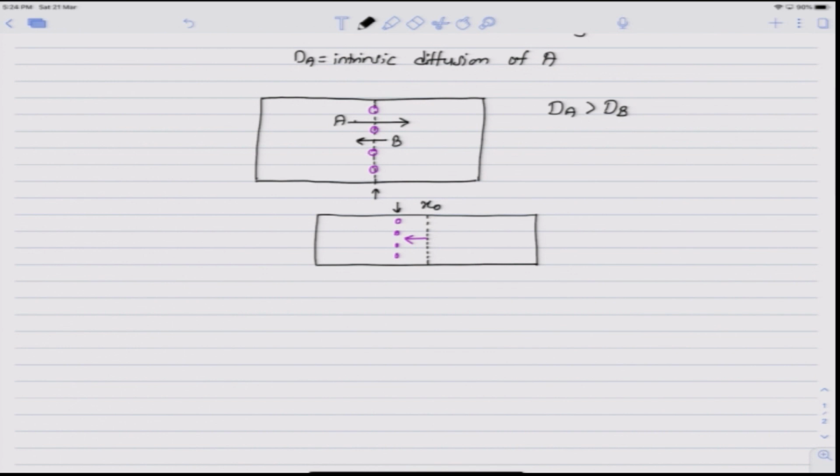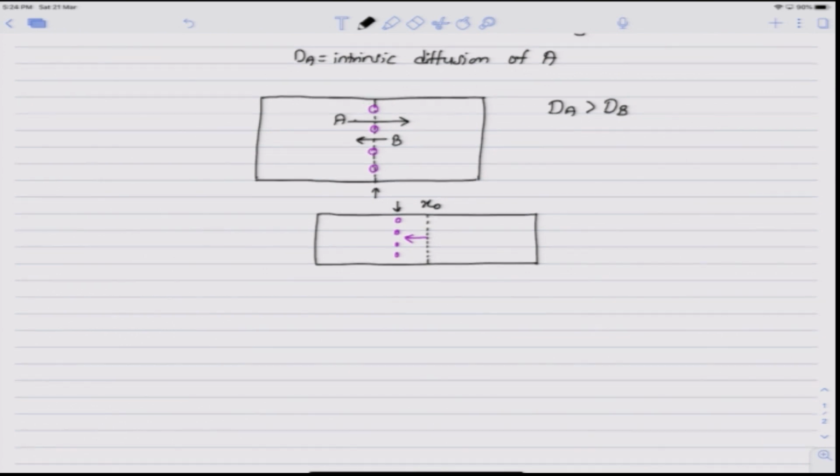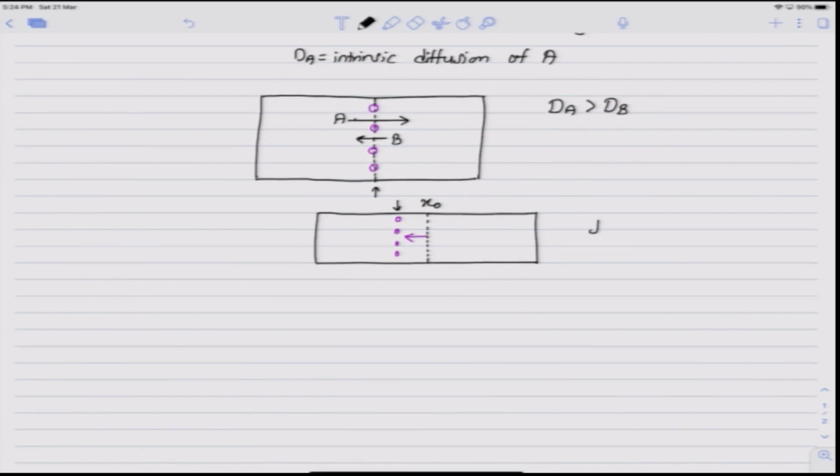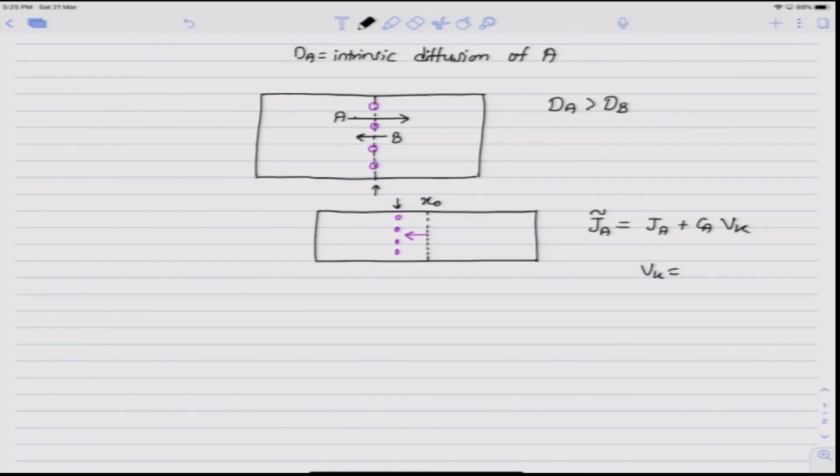So in other words, if we write the equation for the interdiffusion flux J_A tilde, it would be the intrinsic flux, that is with respect to the lattice fixed frame, which is denoted as J_A, plus concentration times V_k, where V_k is the velocity of the marker plane.